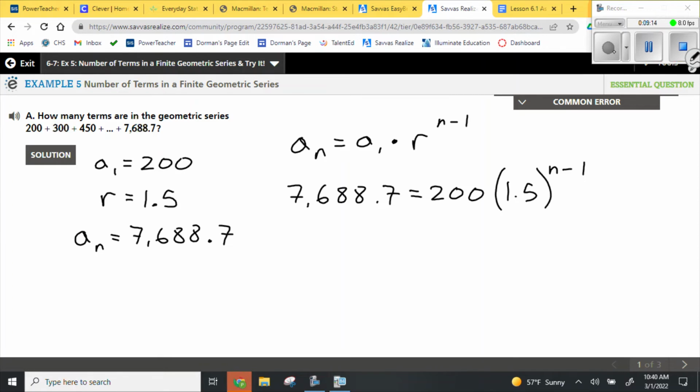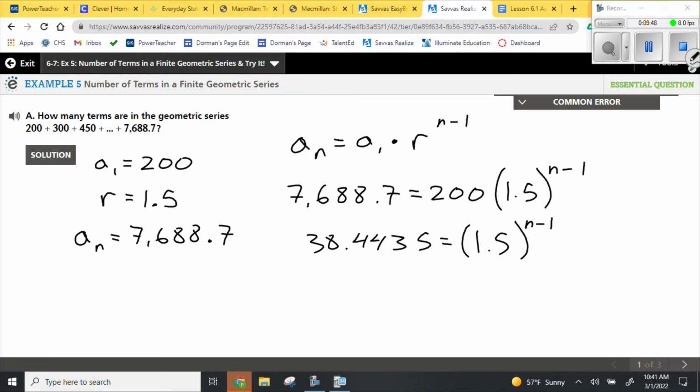We're going to solve this for n. So my first step is going to be to divide both sides by 200. If I divide 7,688.7 by 200, I get exactly 38.4435. That is 1.5 to the n minus 1. I'm going to do something weird and take log base 1.5 of both sides.